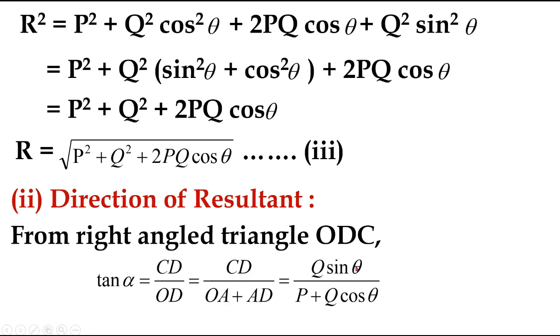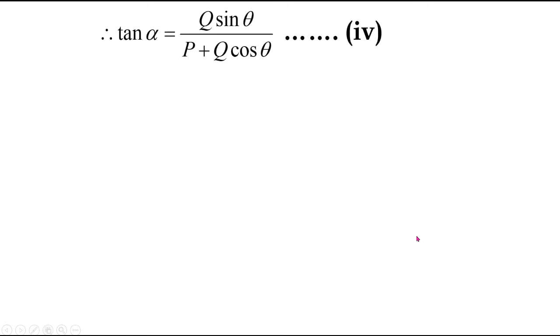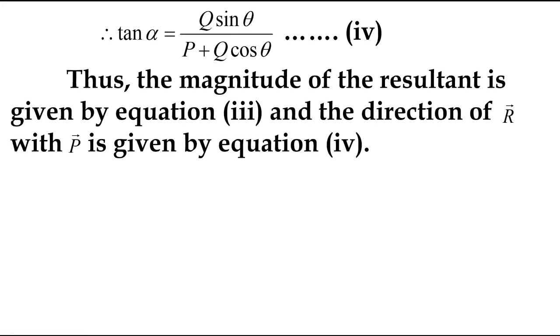CD is equal to Q sin theta, OA means P, and AD is equal to Q cos theta. Finally, tan alpha is equal to Q sin theta by (P plus Q cos theta). R is equal to root of P square plus Q square plus 2PQ cos theta, and the direction of R bar with P bar is given by tan alpha equal to Q sin theta by (P plus Q cos theta).